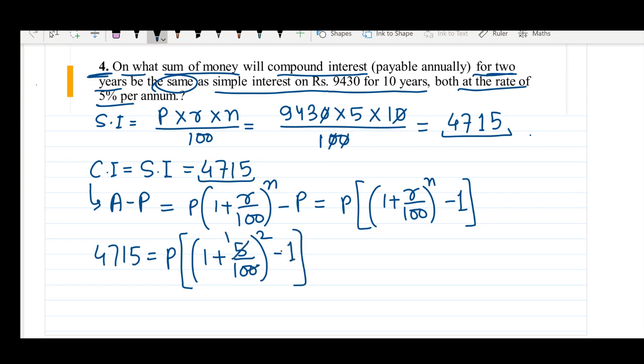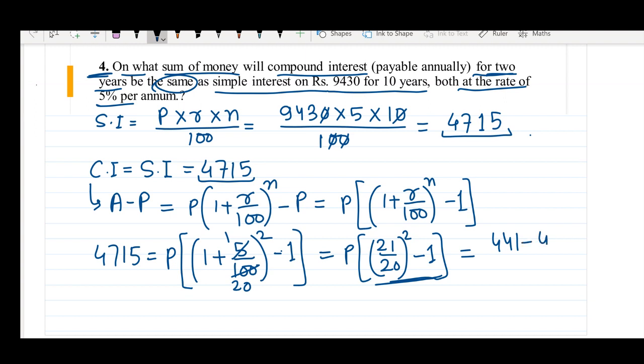So we can cancel it: 5 1s are 5 and 5 20s are 100, so it will be 21 by 20. It becomes P times 21 over 20 whole squared, minus 1. So if you calculate this, 21 squared is 441, and minus 1, so it is minus 400. So you will get 441 minus 400 upon 400, times P.